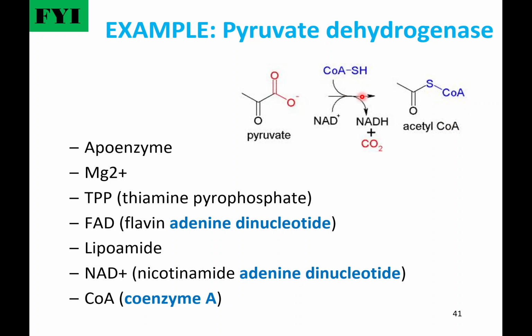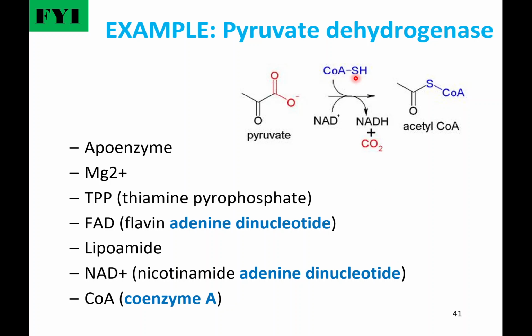And how it does that is by using cofactors, and it uses quite a bit of them: TPP, FAD, lipoic acid, NAD+, and coenzyme A. Three of those we saw on the previous slide, the FAD, NAD+, and coenzyme A, that contain nucleotides.